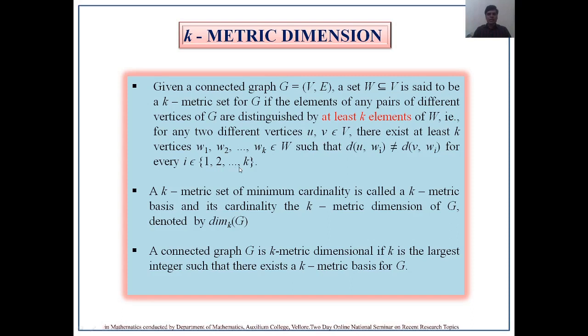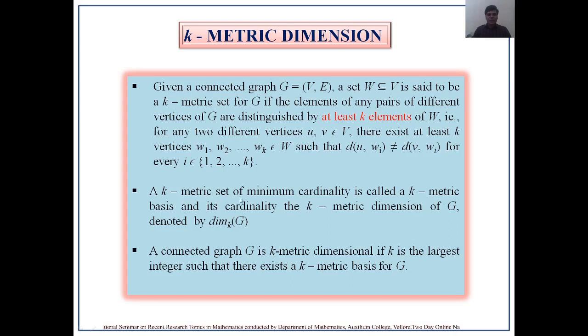The meaning is that in metric dimension only one vertex will resolve any two vertices of G, but in a k metric set there should be at least k vertices which will resolve any two vertices of G. That is the difference.